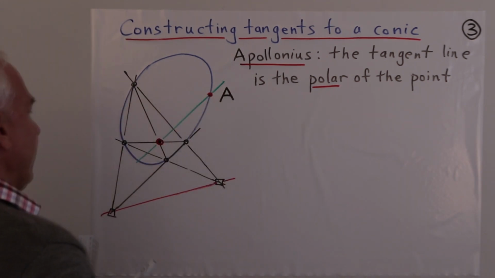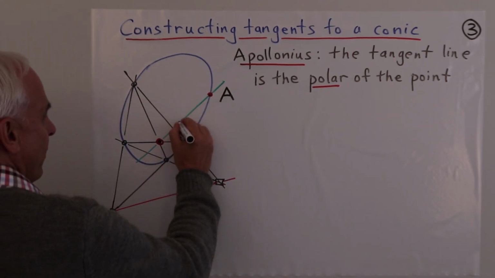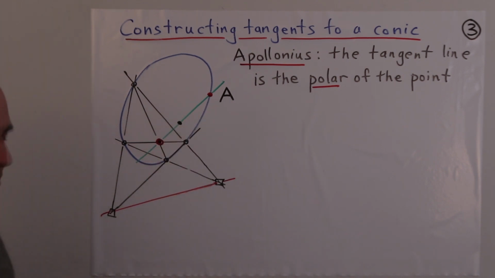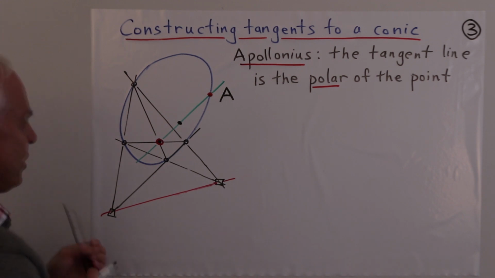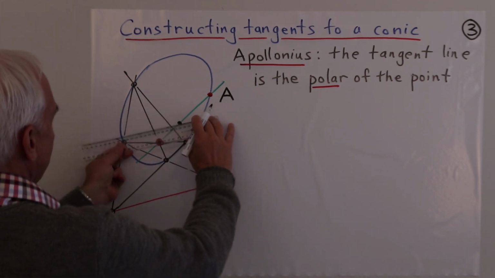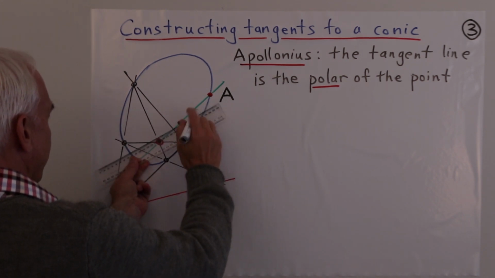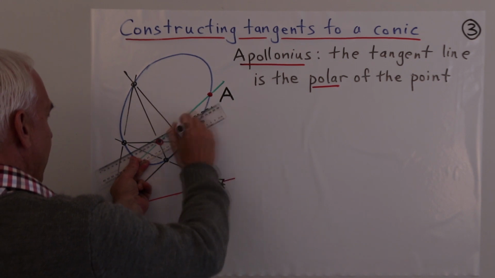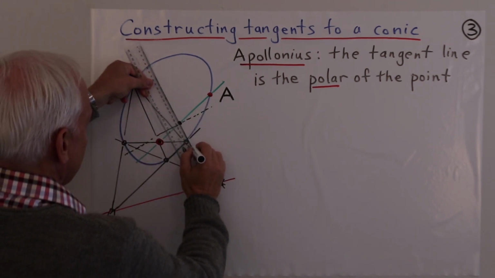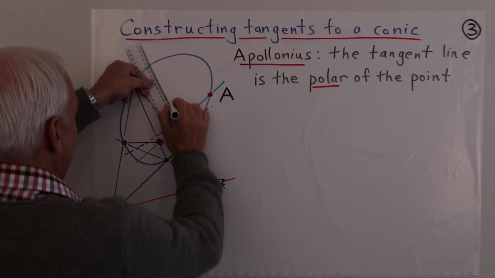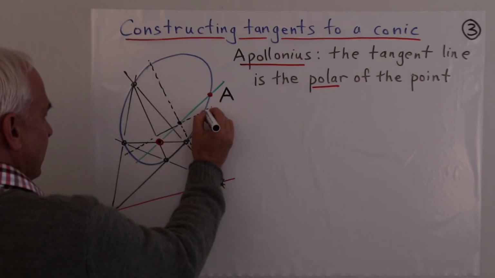Let's say this point here, and do a similar kind of story to find the polar of this point. Okay. So I'm going to do the same kind of thing. I'm going to choose two lines that go through here. Maybe I'll use dotted lines. Okay. And so we're going to get these 4 points.